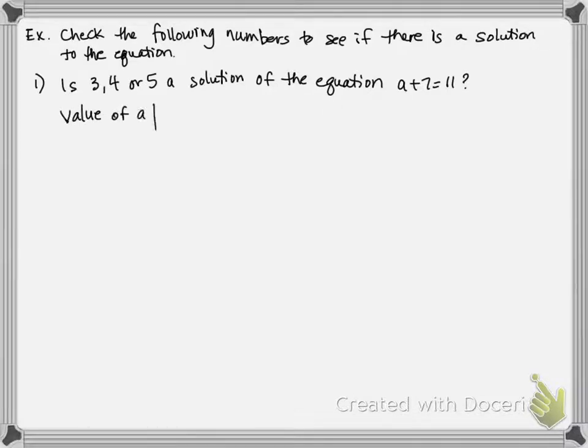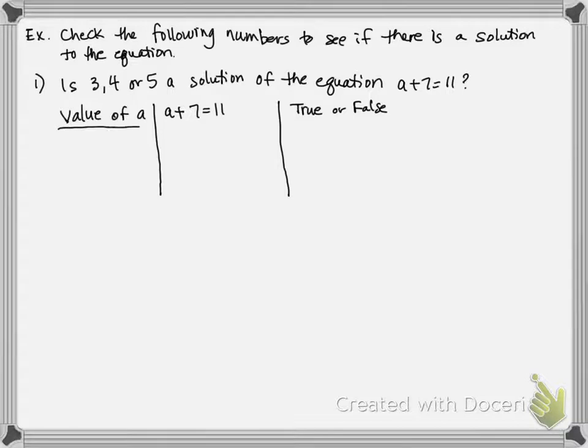So value of A is going to be in our first column. Then we're going to have the equation where we're going to do our work, substitute it in, and then we're going to determine whether that's true or false. So if it's true, it's a solution. If it's false, it's not a solution.